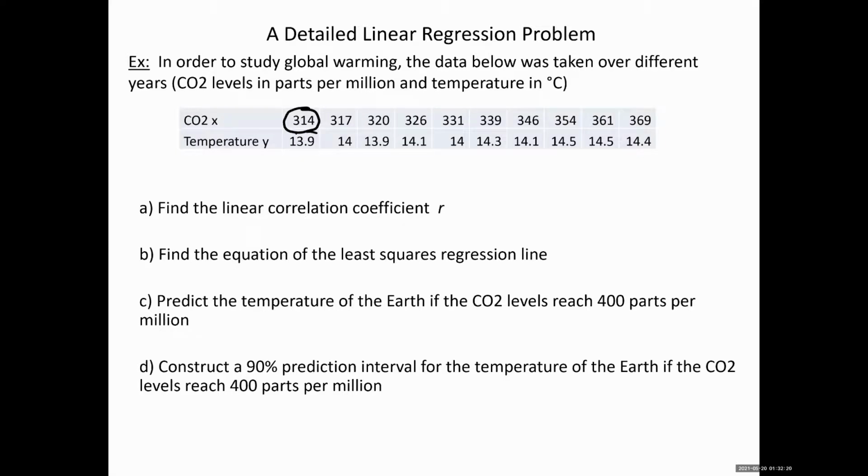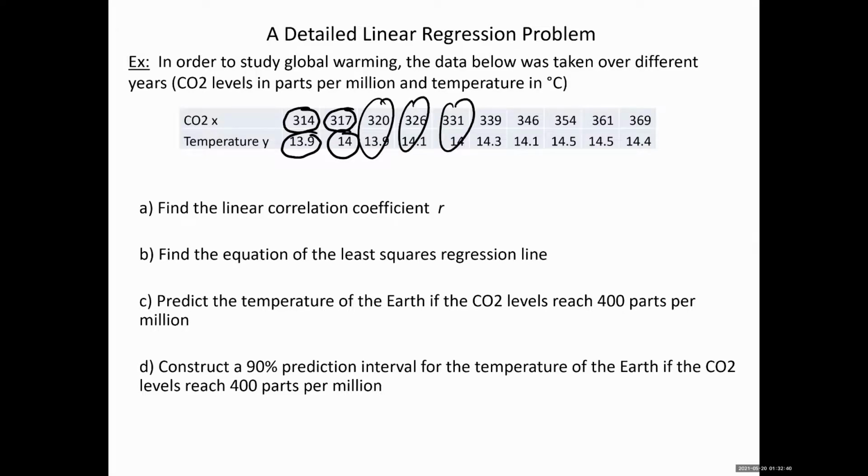And that year, the average temperature of the Earth was 13.9 degrees Celsius. So in that year, we got those 2 numbers, a pair of numbers there. In a different year, the amount of carbon dioxide in the air was 317 parts per million, and the average temperature of the Earth, 14 degrees Celsius. So every year we get a pair of numbers.